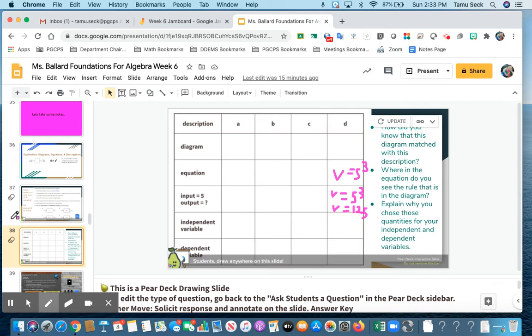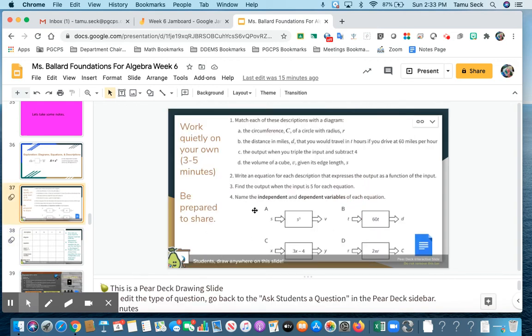The diagram, you would go back to the previous slide. You go back to the previous slide and take a screenshot and just put it on the next one.